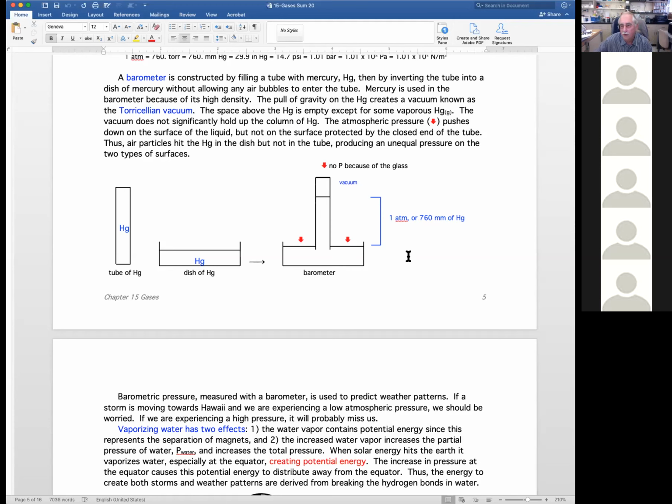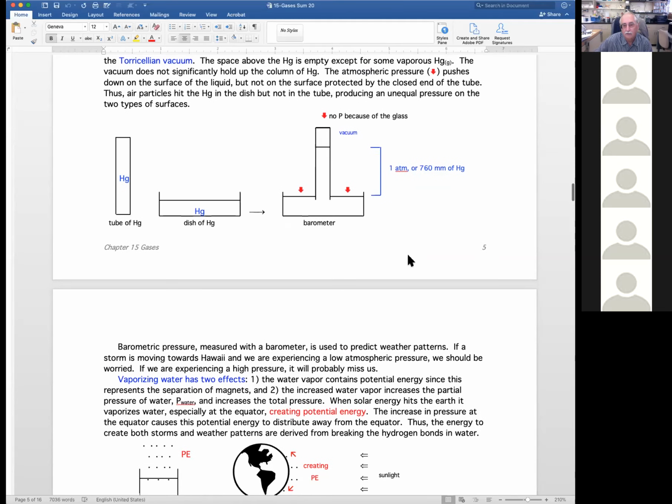So we use the barometer to decide where there's high pressures in the air, where there's low pressures in the air. And say, here's an example. What if we had a hurricane threatening Hawaii? And then we found out that Hawaii at that point in time was in a low pressure zone.